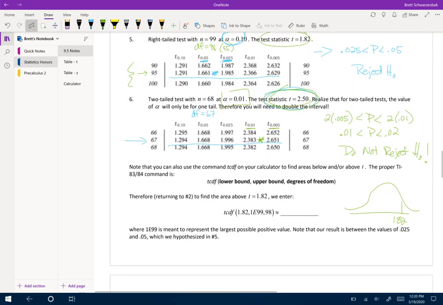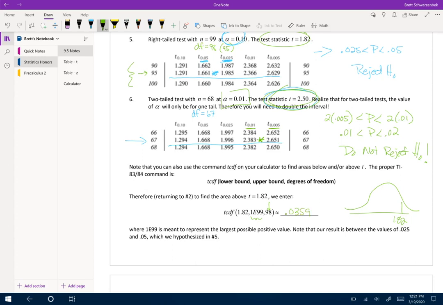So if we plug that in, remember that you're going to do lower bound, upper bound, degrees of freedom. So our degrees of freedom in that problem was 98, which is right here. Remember that we use as the upper bound as large a number as possible, 1E99, and 1.82 is the minimum value. Now, if you put this into the calculator, you're actually going to get 0.0359 as the actual p-value.